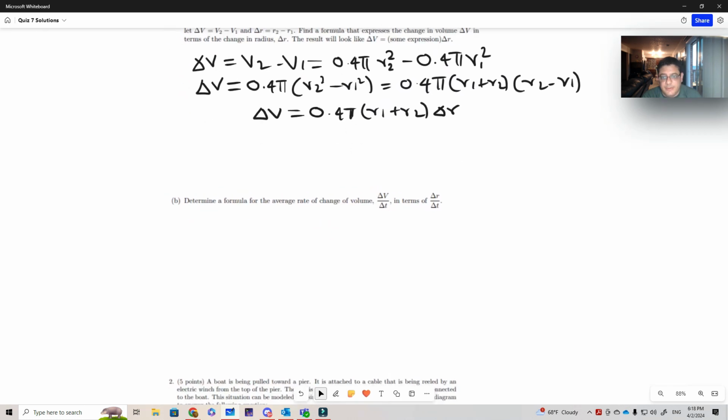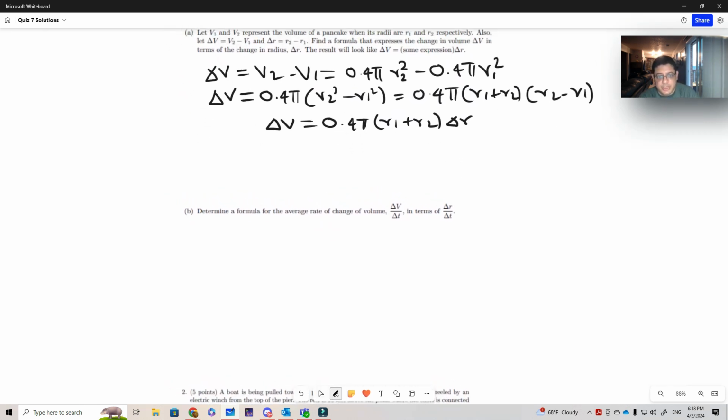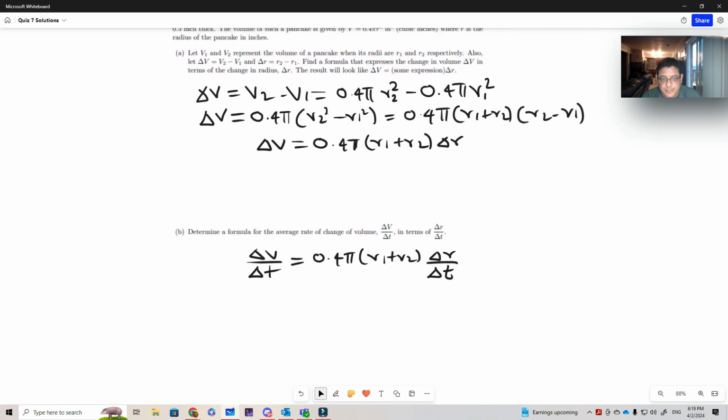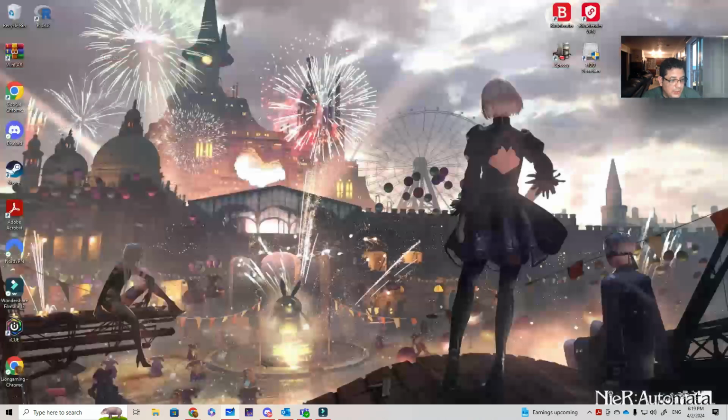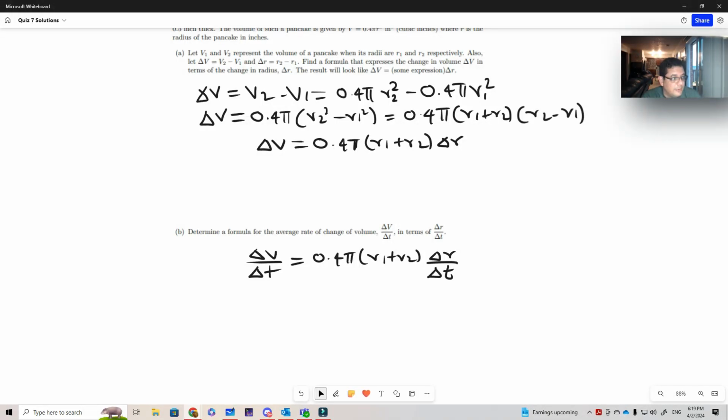Now if we want to express that formula as the average rate of change, notice that we need to do dV/dt in terms of dR/dt, but that's simply the same thing: dV/dt is 0.4 pi times R1 plus R2 times dR/dt. That's the only change that we're making.